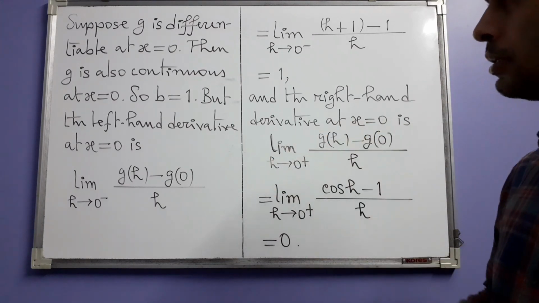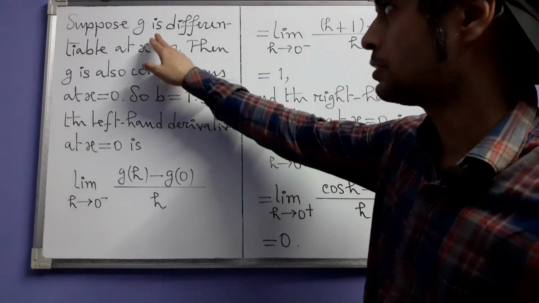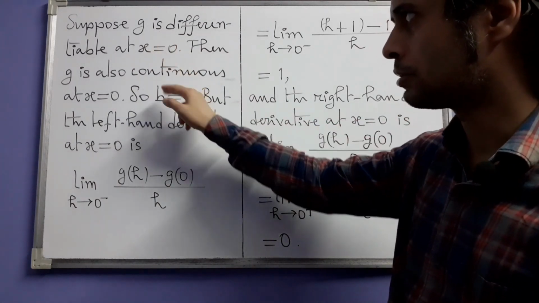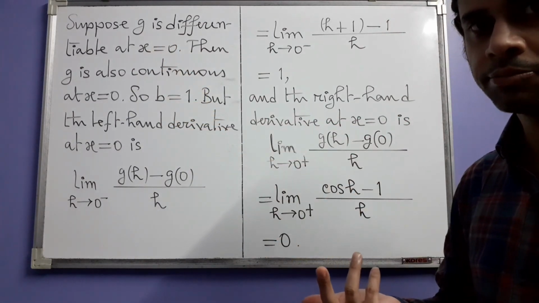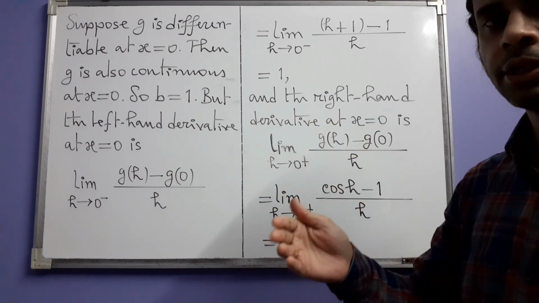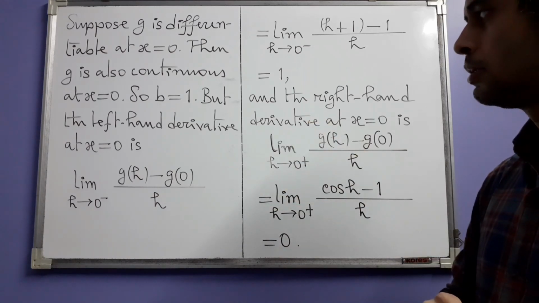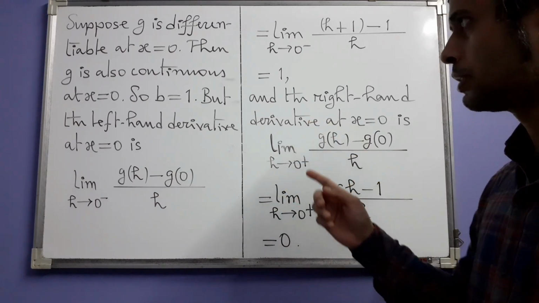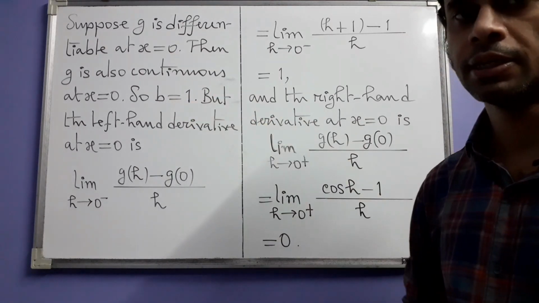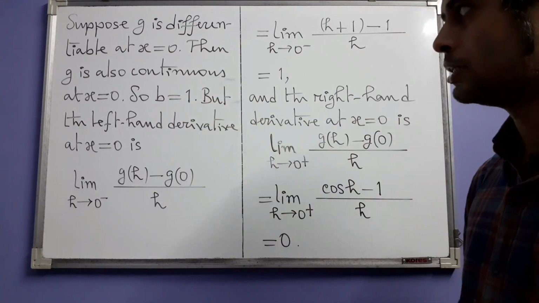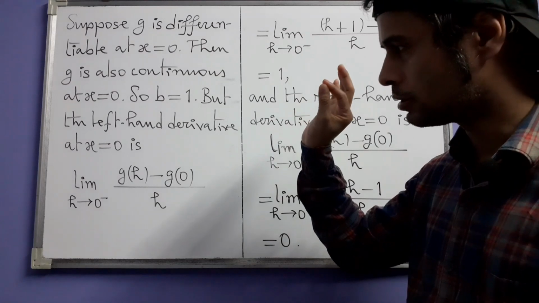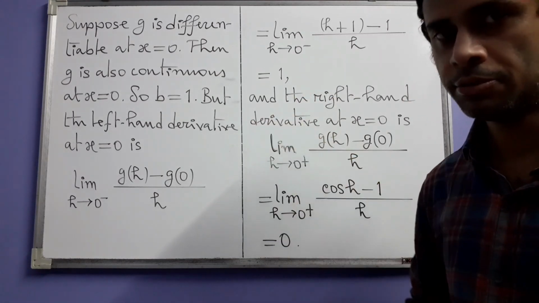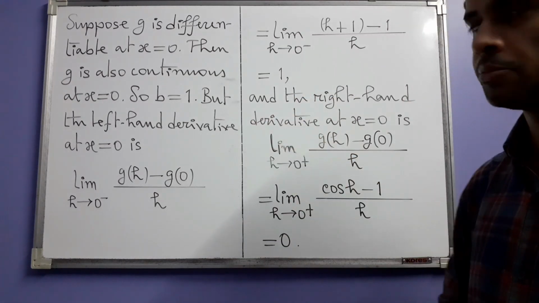Let's see. Now note that if a function is differentiable at some point, then obviously it's also continuous at that point. We already know that differentiability implies continuity. And just now we saw that only this value gives us continuity. So that means now we have to take b to be equal to 1. That's the only possible value.